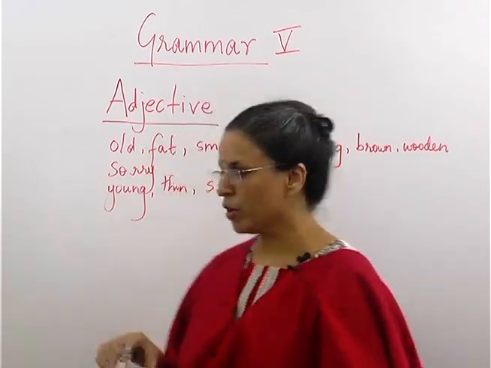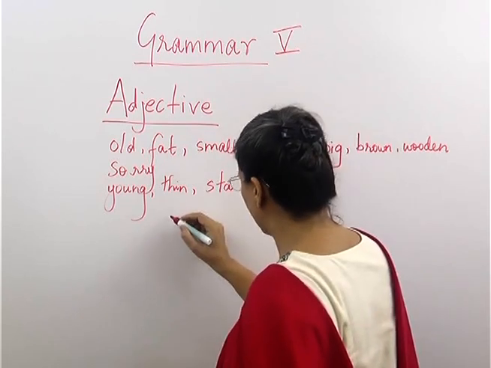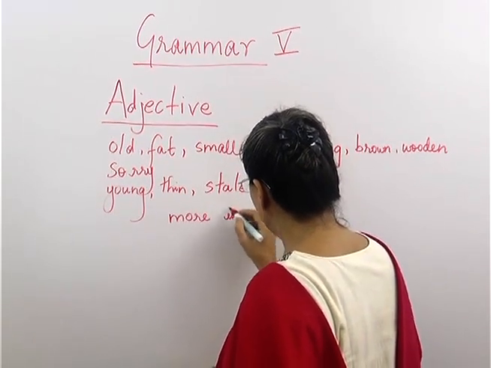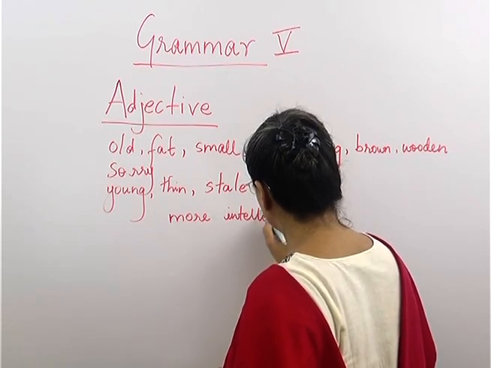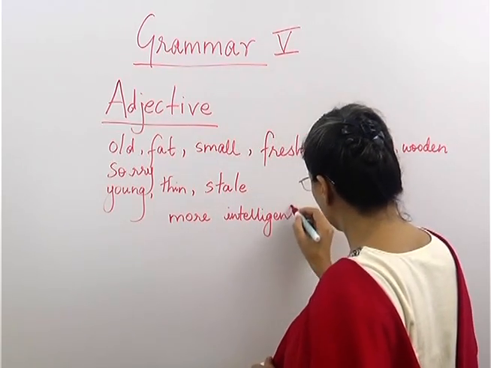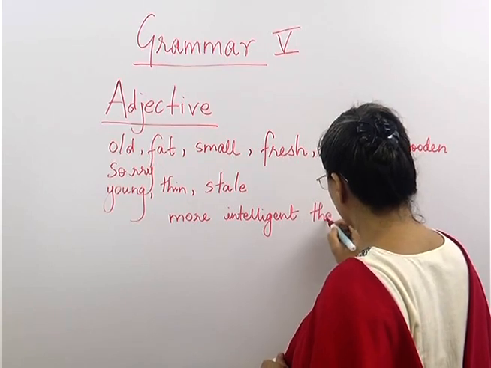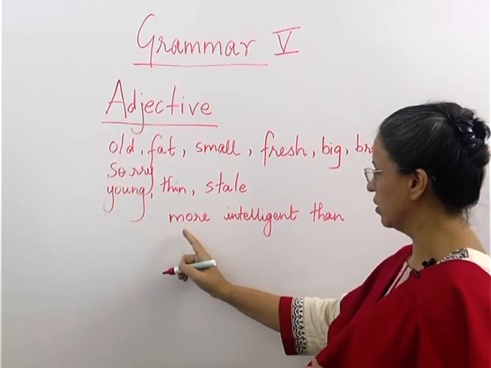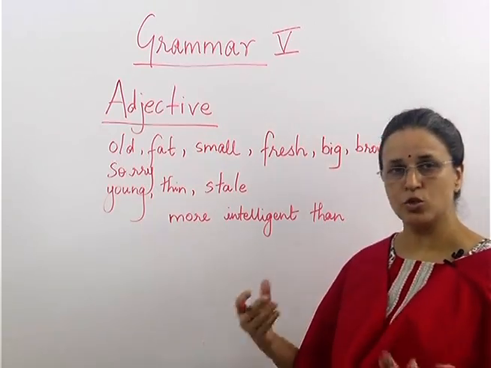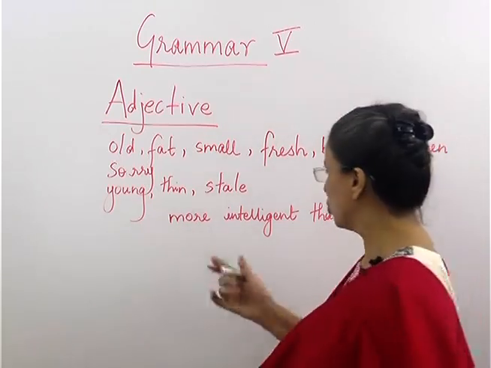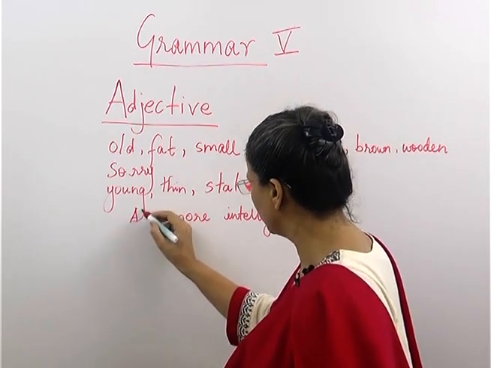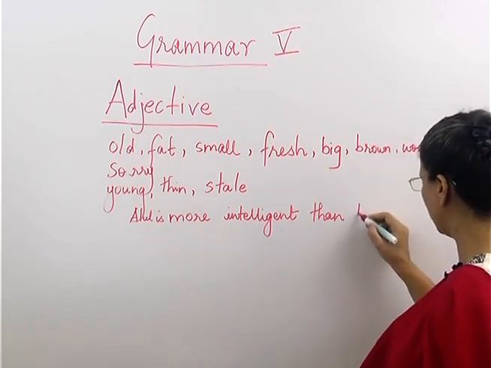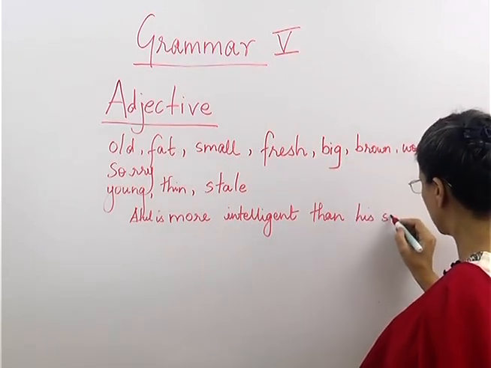So, let us see. Whenever you use more dash than, more intelligent than. The than has to come if there is more over here. Of course, if you want to convert it into a sentence also you can say, suppose you want to say, Atul is more intelligent than his sister.